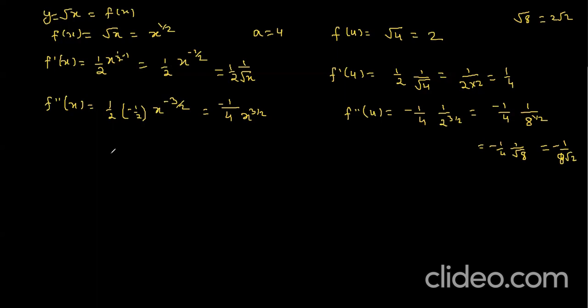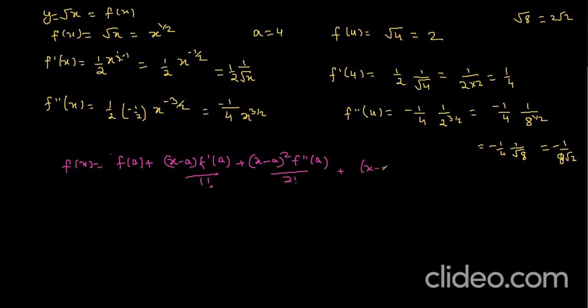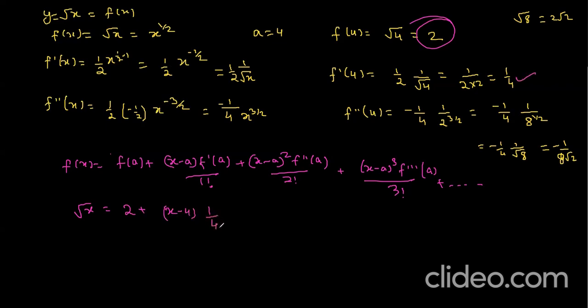Now use the formula. What is the formula? Okay. f of x is root x. f of a is 2. x minus 4. f dash a is 1 by 4. f double dash is upon 2 factorial.